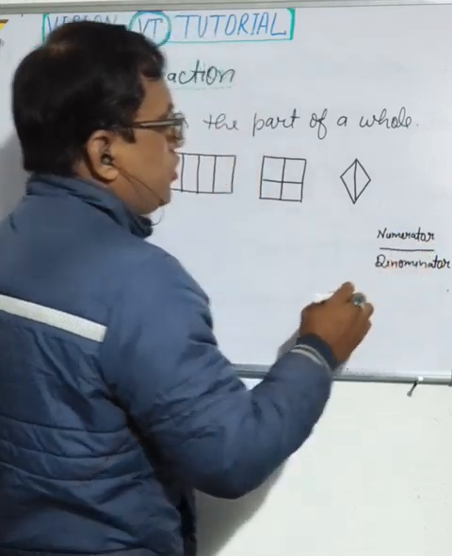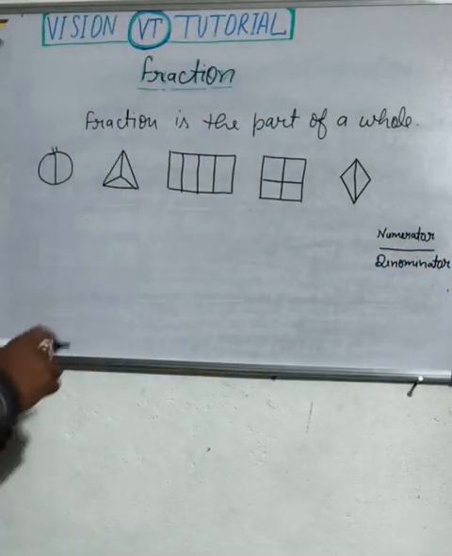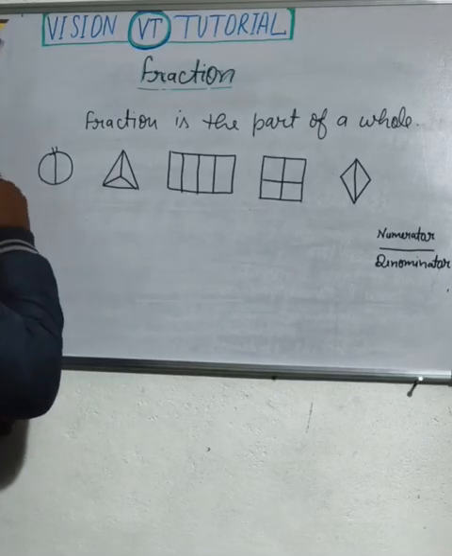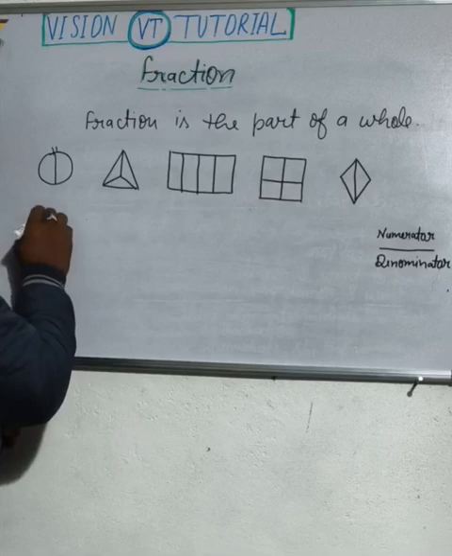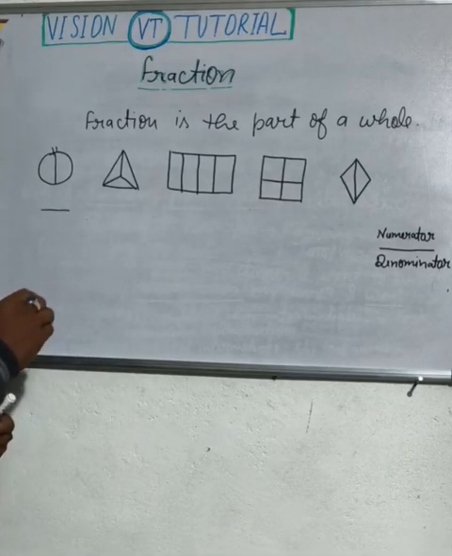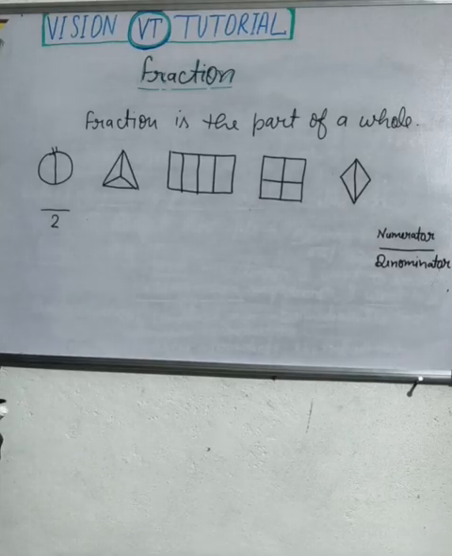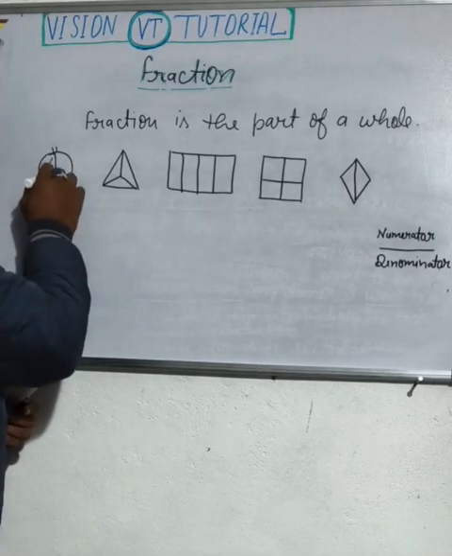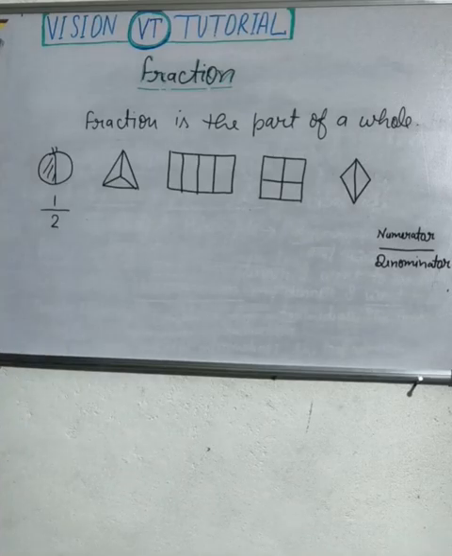Okay, so this is numerator upon denominator. Suppose this part, how many parts are there? 2. So the number of parts will be known as the denominator. So 2 will be the denominator. And how many have I taken? 1. So this will be known as 1 upon 2.